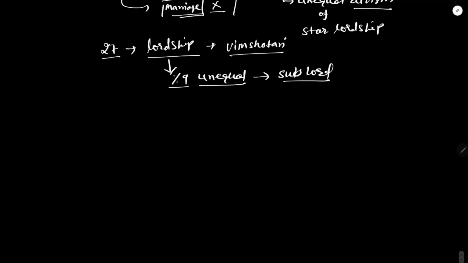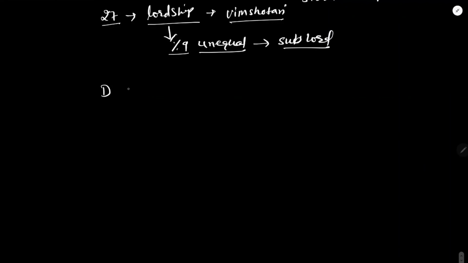But before that, we have D, B, and A, that is Dasha, Bhukti, and Antara.